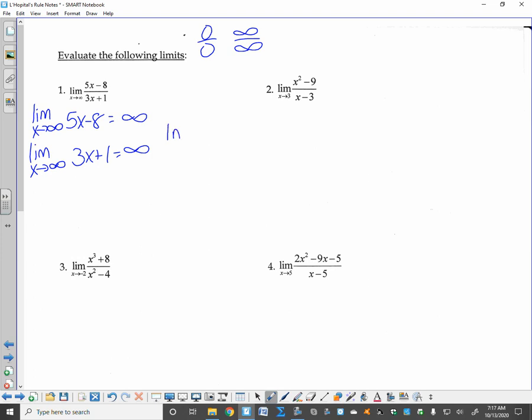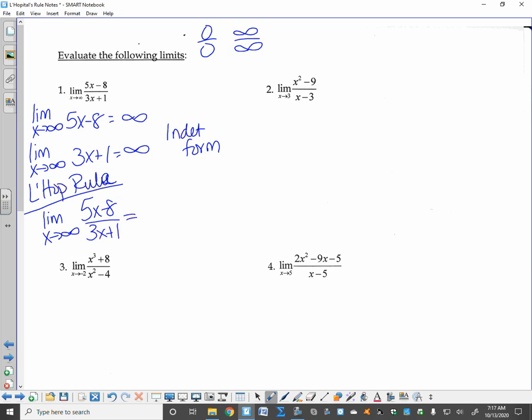Then I have to say that would be indeterminate form. And then I have to say L'Hopital's rule. And then I can do the limit as x approaches infinity of 5x minus 8 over 3x plus 1.